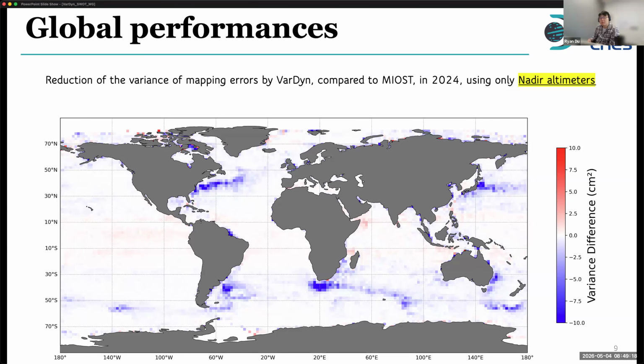A follow-up question about the SWOT data. You said you use L3, but which one in the L3? In SWOT L3 data, as far as I know, there are at least two versions of sea surface height anomaly, maybe about the resolution, the 2 kilometers or the 250 meters.